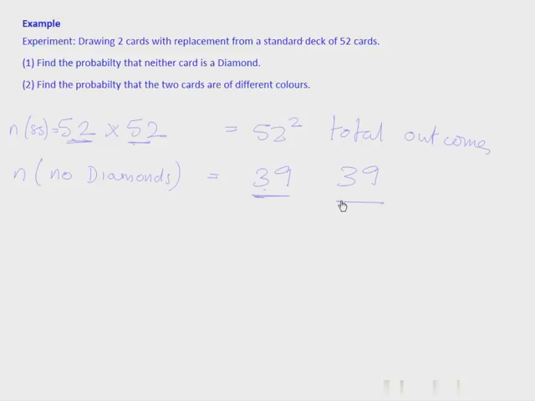So totally I have 39 times 39 equal to 39 squared outcomes where neither card will be a diamond. So this probability, P(no diamonds), is 39 times 39 over 52 times 52. That's 3 over 4 times 3 over 4 equal to 9 over 16.